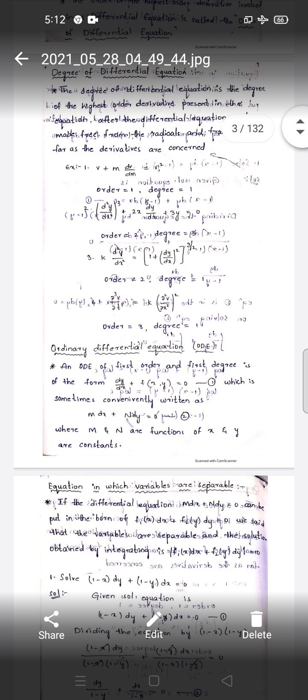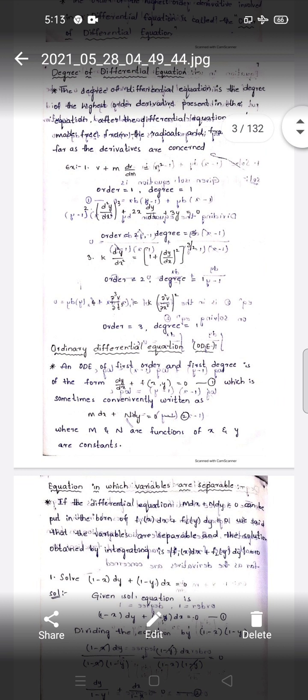So next, order and degree. In ordinary differential equations, we look at two things: first, the order and degree. How to find the degree and order?